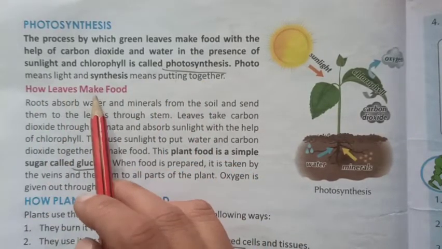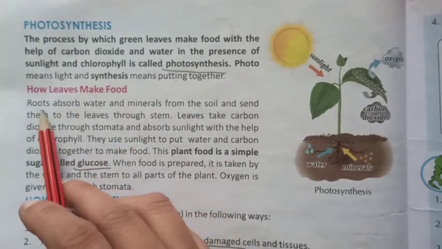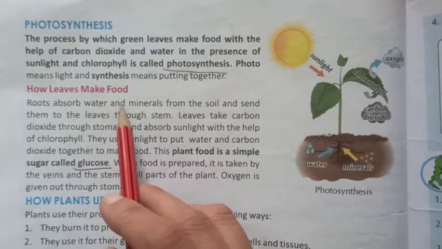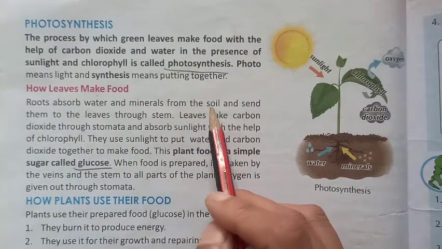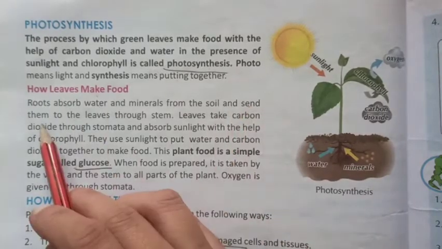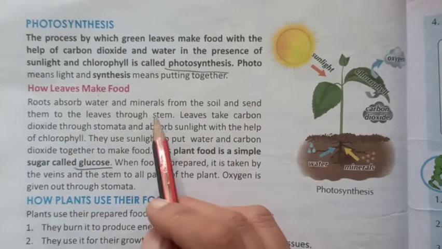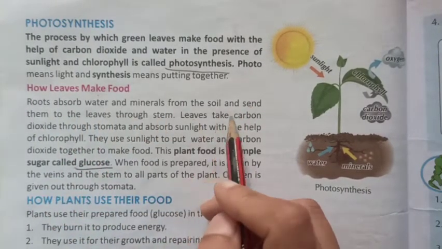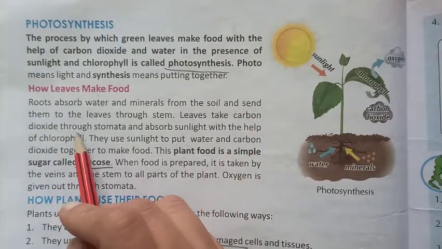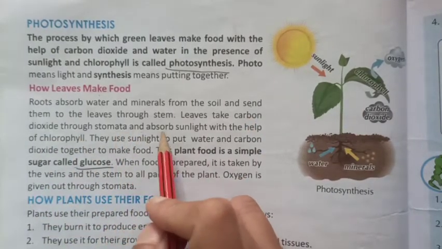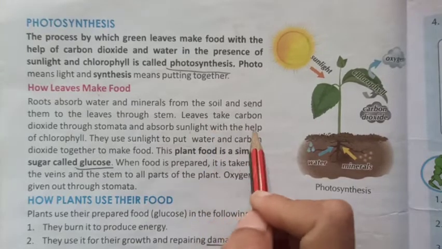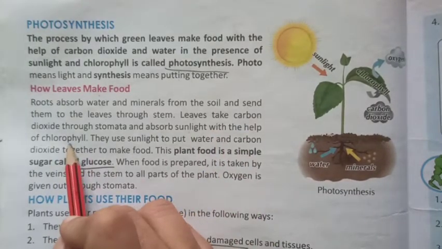How leaves make food. Roots absorb water and minerals from the soil and send them to the leaves through stem. Leaves take carbon dioxide through stomata and absorb sunlight with the help of chlorophyll.